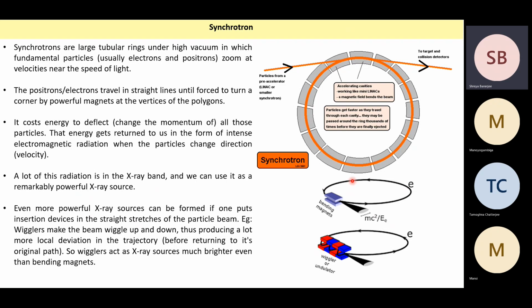Suppose the electron was earlier moving just in a circle like this. Now, whenever it encounters the wiggler or undulator, it will move up and down like this. When the deviation in the path of the electron is increased, the amount of energy released is also higher. So these can act as even more powerful X-ray sources than a simple bending magnet.